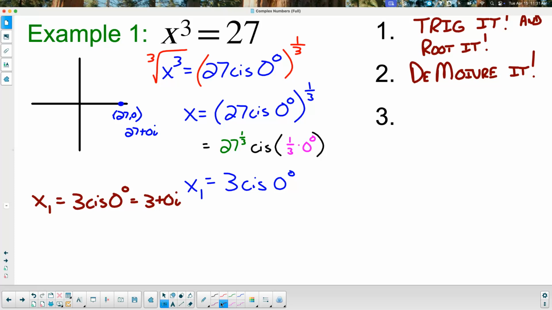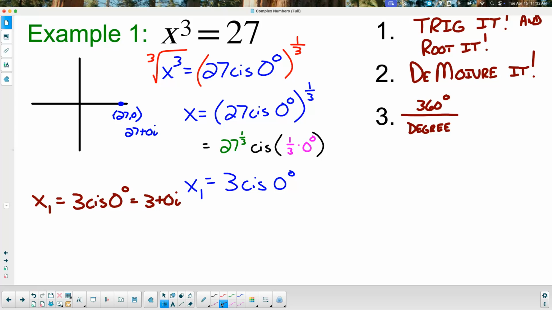Right? Here's the tricky part. You got to do a little bit of math. Okay? So now what you're going to do is take 360 degrees and divide it by the degree of your polynomial. So what was our degree in this one?